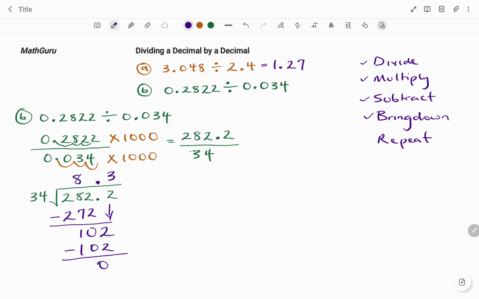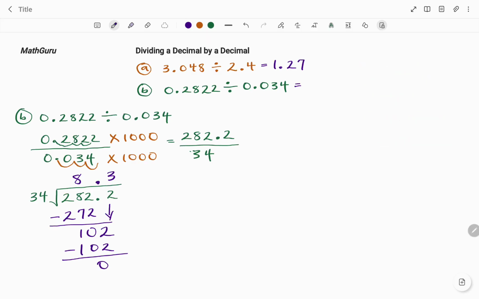Note that I don't have any number left to bring down. So what that means is 0.2822 divided by 0.034 is equal to 8.3 or 8 3/10.